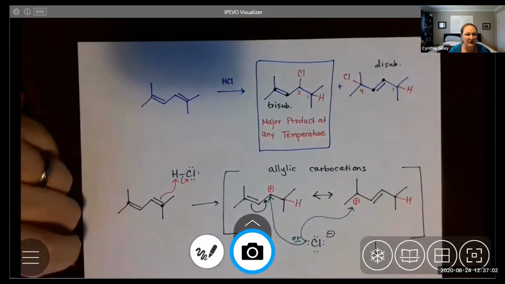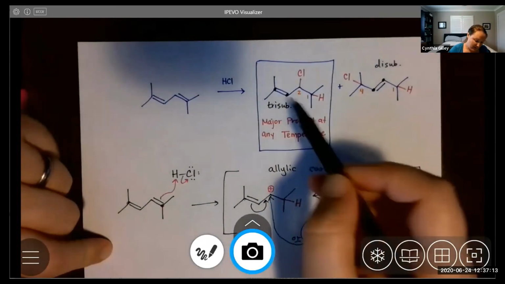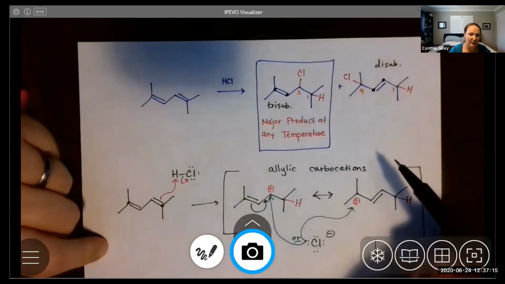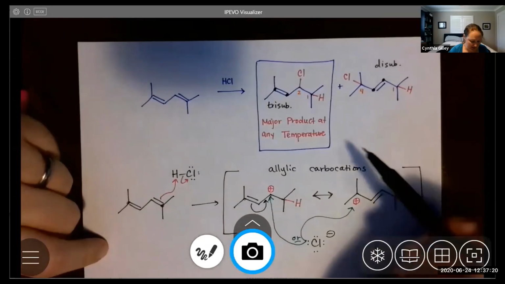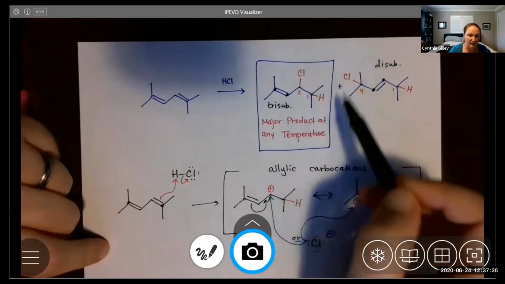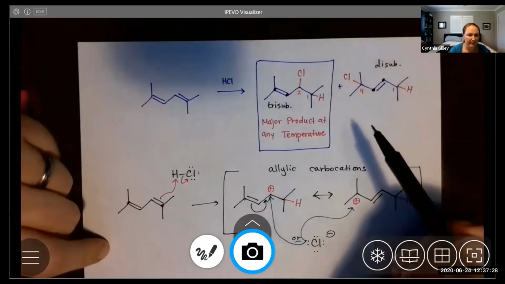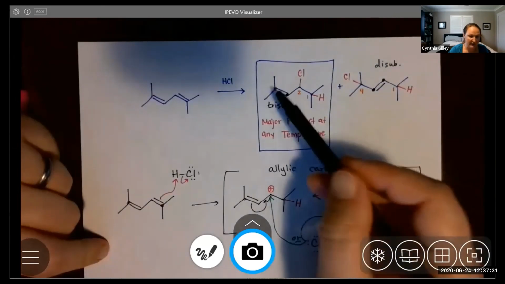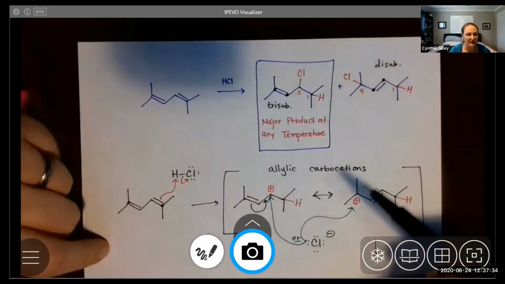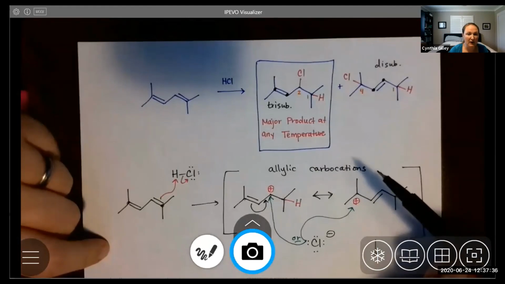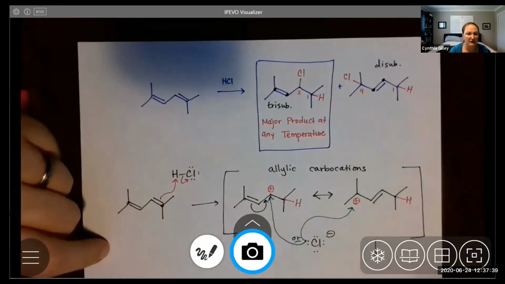The more substituted an alkene is, the more stable through hyperconjugation. And so this will be the more stable product, meaning it's the thermodynamic product and it's favored at high temperature. So in this case, the 1,2 product is major at both high and low temperature, because 1,2 is always formed faster at low temperature. And in this case, it's the more substituted alkene, so it's more stable, so it will form as the major product at high temperature, where it's an equilibrium control reaction.